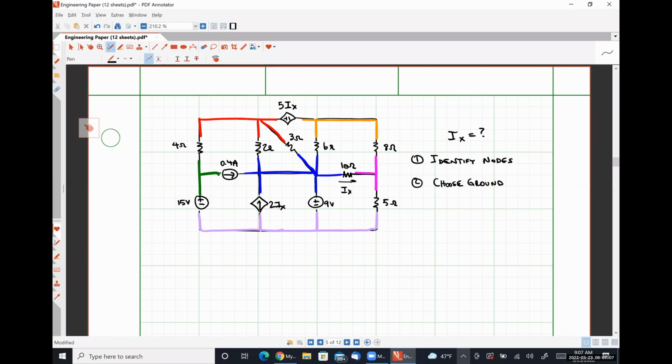I am going to choose the bottom node as ground, okay? Now, I'm going to explain my reasoning for that in just a moment. So bottom node is ground.